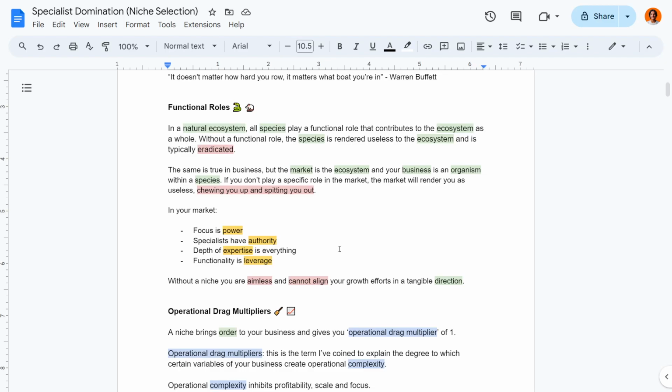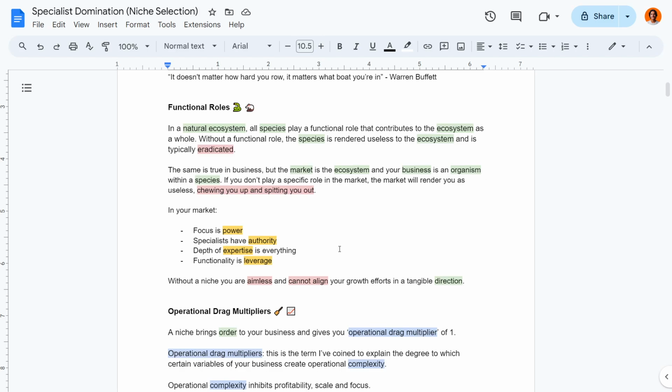The same is very true in business as well. The market is the ecosystem, and your business is an organism within a species, right? And if you don't play a specific role in the market, if you aren't useful in the market, the market will end up chewing you and spitting you out, totally eradicating your business or making it a failure.